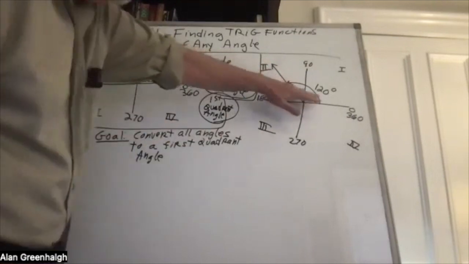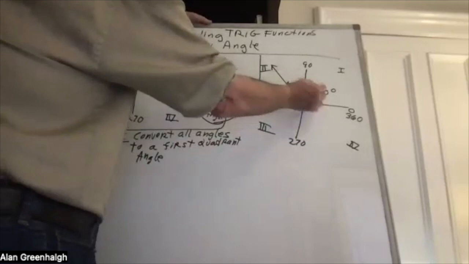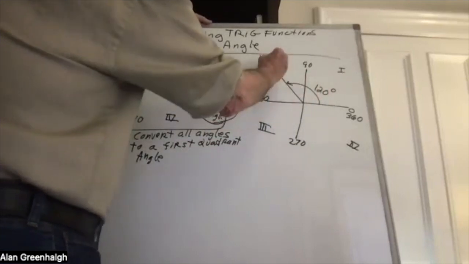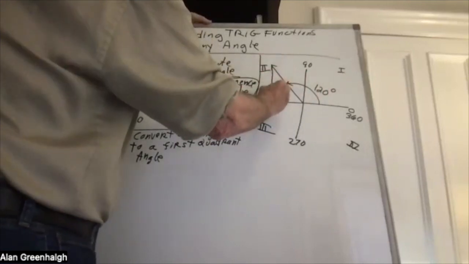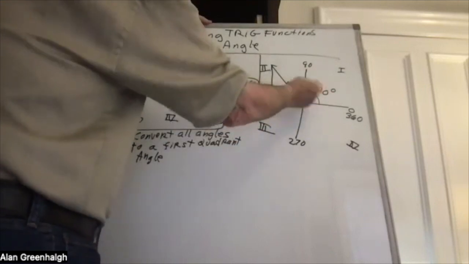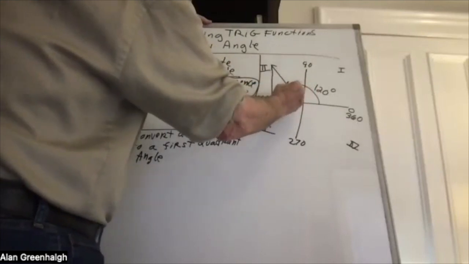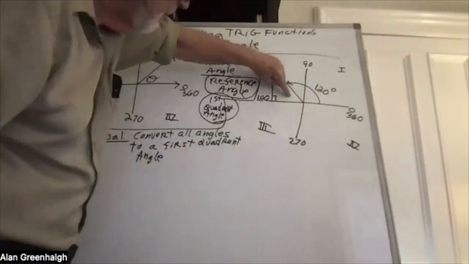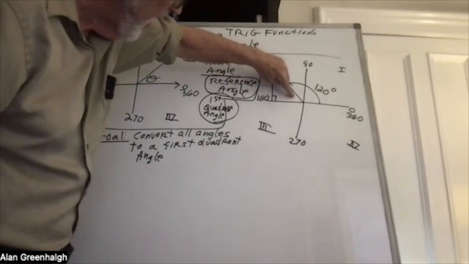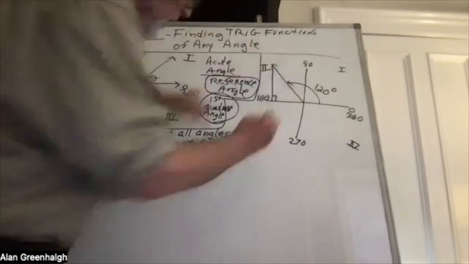So here we have a 120-degree angle. What we're going to do is not consider this part of it, but say that if we complete the triangle here, this angle has the same terminal line as this angle. Can somebody tell us what angle this is right over here?